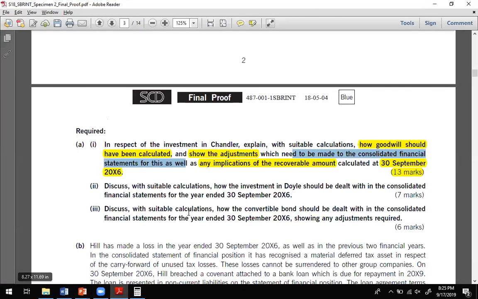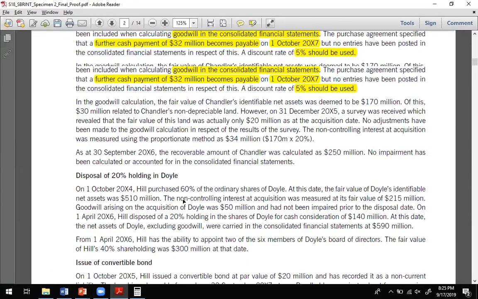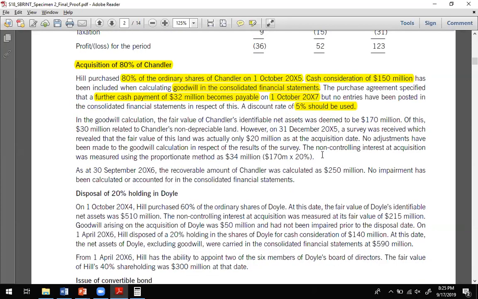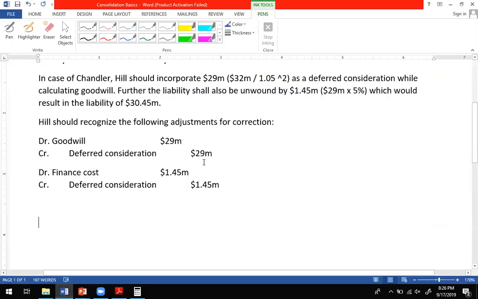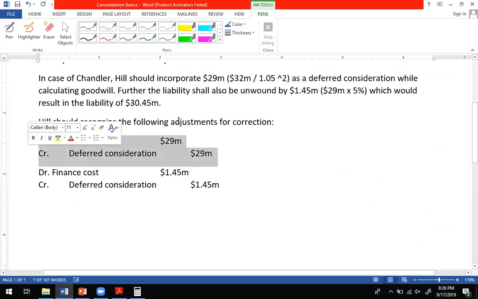Okay, so let's get back to the question now. And now we're going to read the second part of the paragraph. Lao Hong is asking how to make the accounting entry for deferred payment. Lao Hong, we have already made the accounting entry. The goodwill debit and the deferred consideration credit by the present value of 29 million.